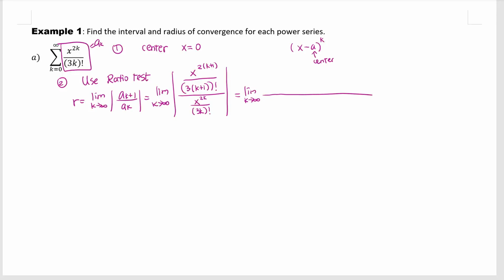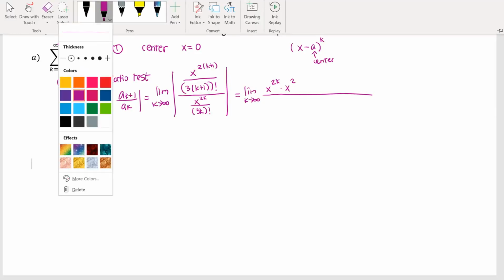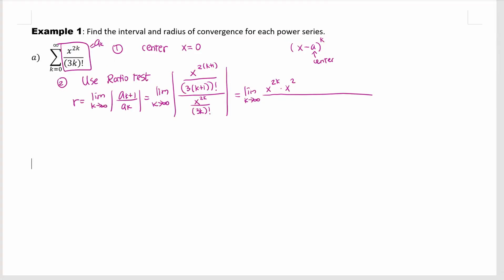Well, this is like x to the 2k plus 2, so you split it as x to the 2k and x squared. The bottom is like 3k. So let me write it down here so that you can see: x to the 2k plus 2 over 3k plus 3 factorial.